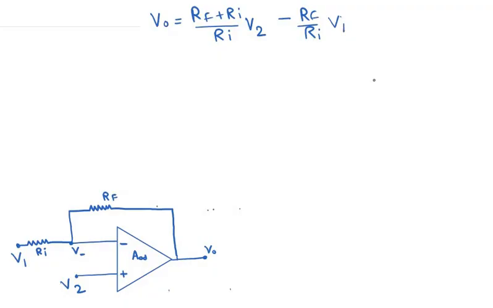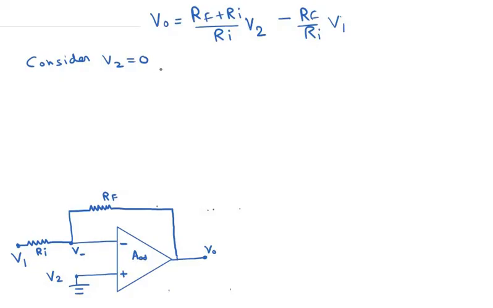Now consider a situation that V2 equal to 0. Consider V2 equal to 0. Okay, so V2 equal to 0 basically means that this terminal is basically grounded here. Okay, in that case V0, so consider V2 equal to 0.